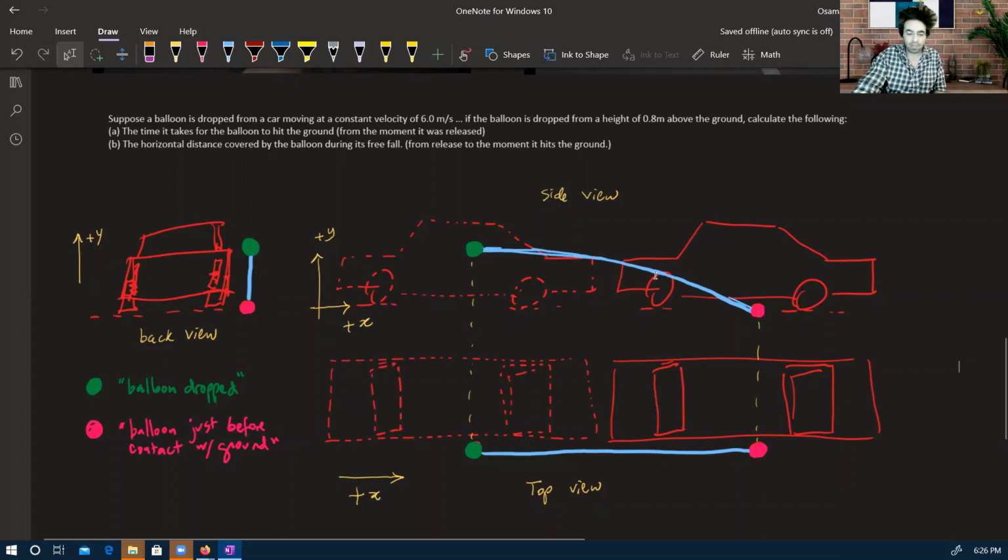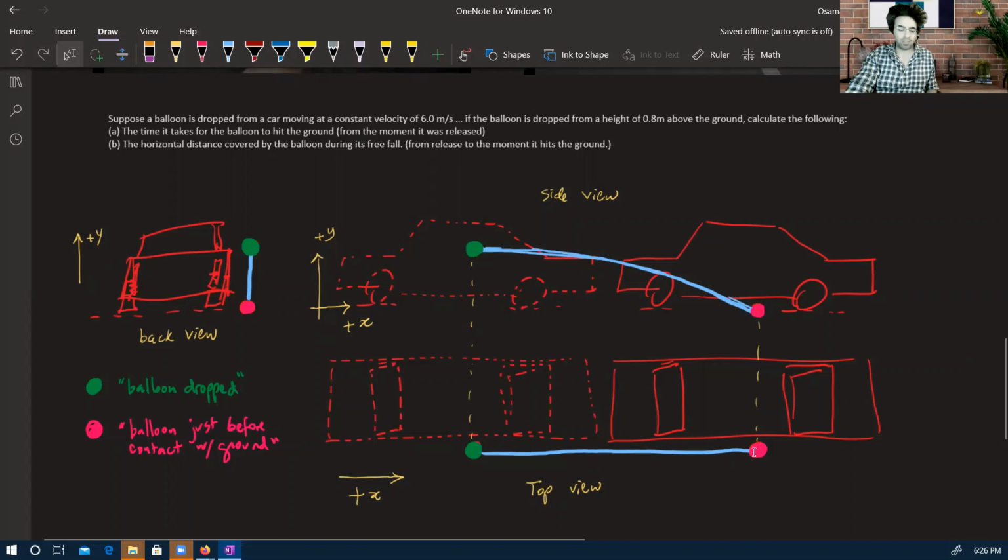This is parabolic motion of the balloon from the moment it was dropped to the moment just before it hits the ground. Now, if you look at that from the top view, that's exactly what you see from the first video, except that it's just not moving horizontally. But if you just imagine what this motion is like from the horizontal perspective, it just looks like it's moving in a straight line with constant velocity.